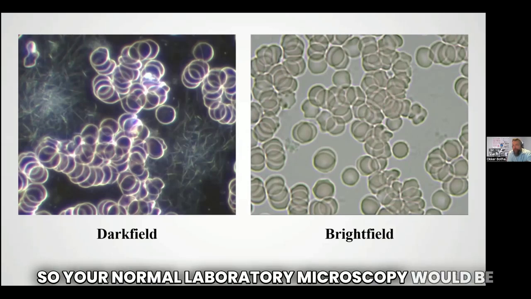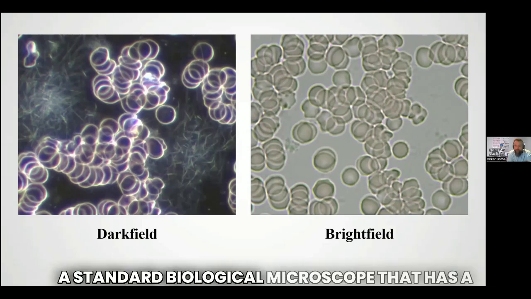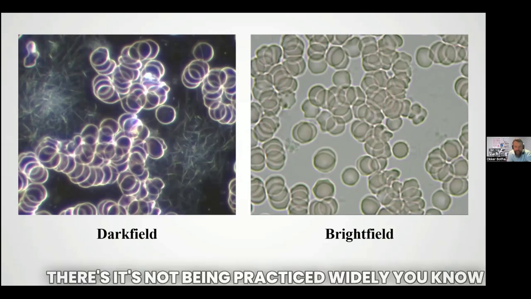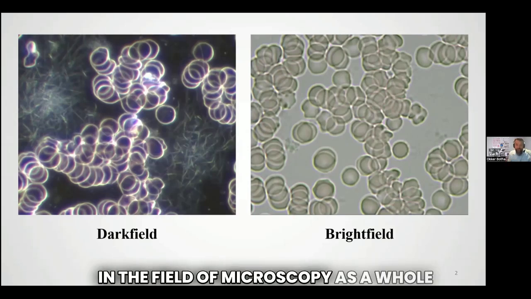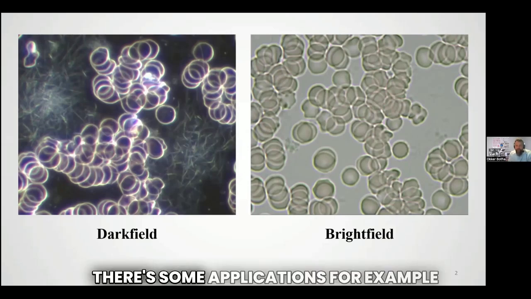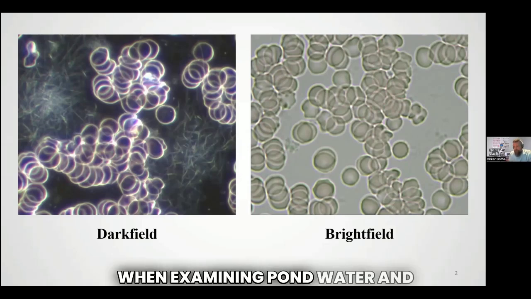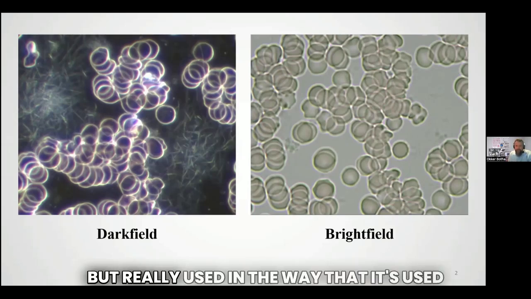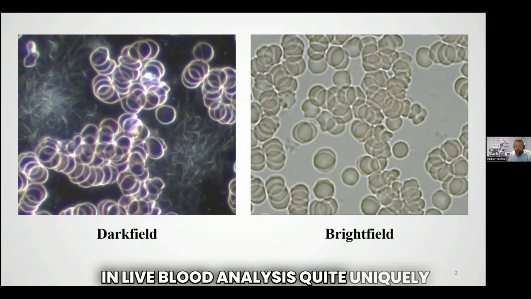So your normal laboratory microscopy would be a standard biological microscope that has bright field capabilities. Dark field microscopy is fairly niche. It's fairly limited. It's not practiced widely in the field of microscopy as a whole. There are some applications, for example, when examining pond water, where you use dark field microscopy, but it is really used in the way that it's used in live blood analysis quite uniquely.